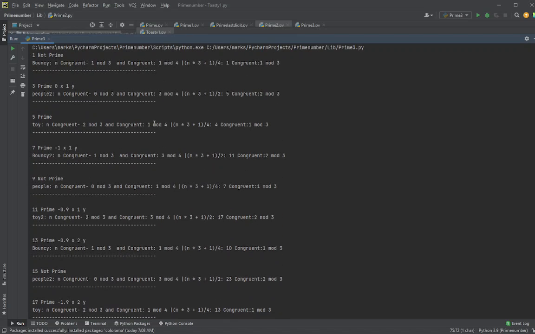But what's interesting is that after the division process, they alternate between 1 mod 3, 2 mod 3, 1 mod 3, 2 mod 3, all the way down.